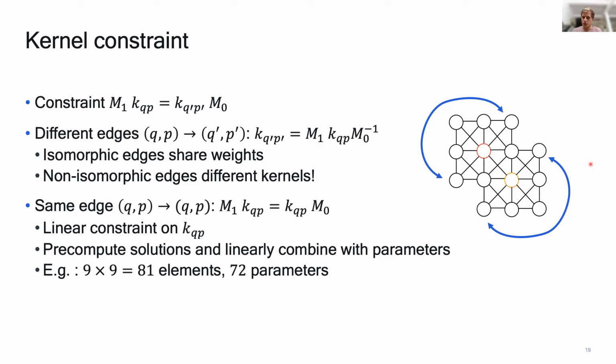To give you an example, if we were to pass messages from this point to this point in this neighborhood, which has this automorphism that basically mirrors along this line, we have 9 input and 9 output features, so a 9 by 9 matrix. But there are actually only 72 parameters because we need to satisfy this linear constraint.